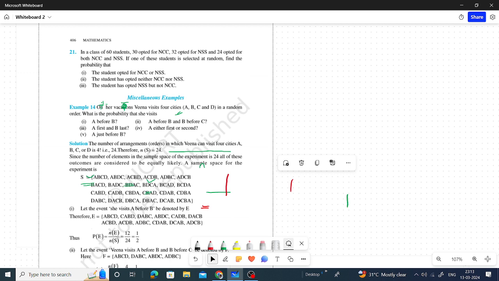In a class of 60 students, 30 opted NCC. See, this question is also similar, and you can solve it.